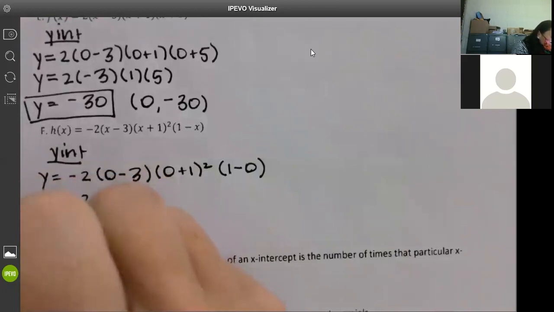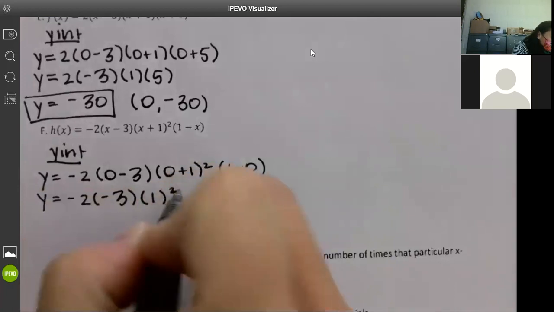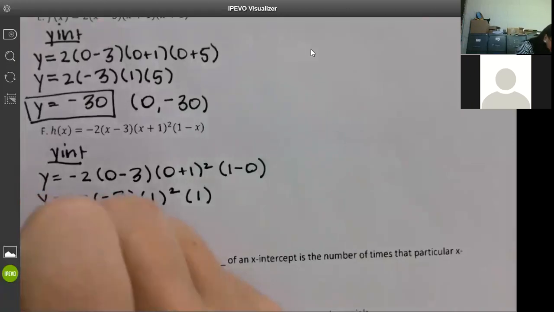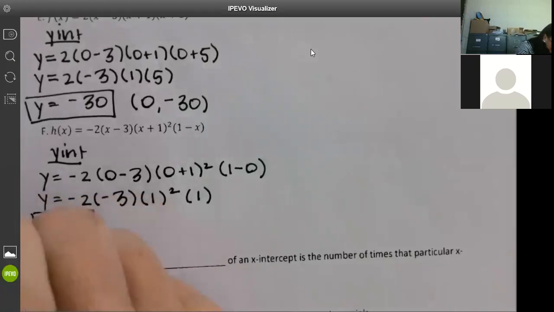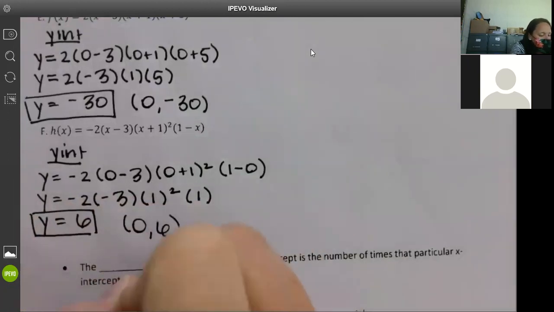We get -2 times -3 times 1 squared times 1. -2 times -3 times 1 squared. 6 times 1 is 6. So my y-intercept is 6. What would my coordinate be? 0, 6. That's it.